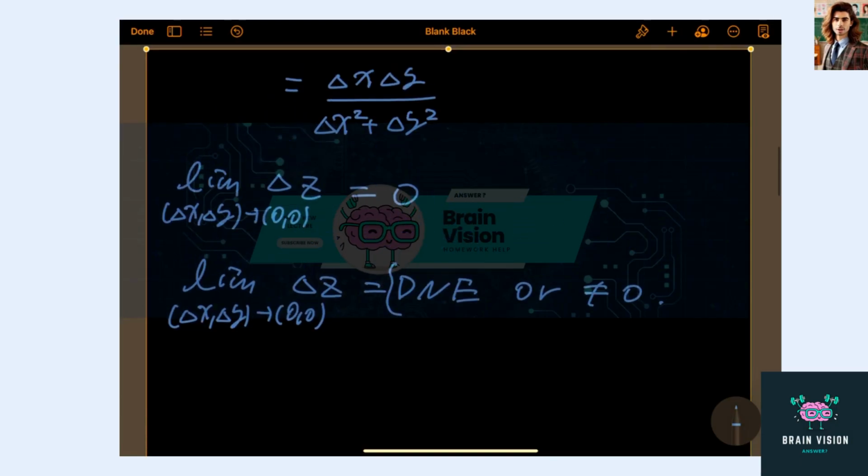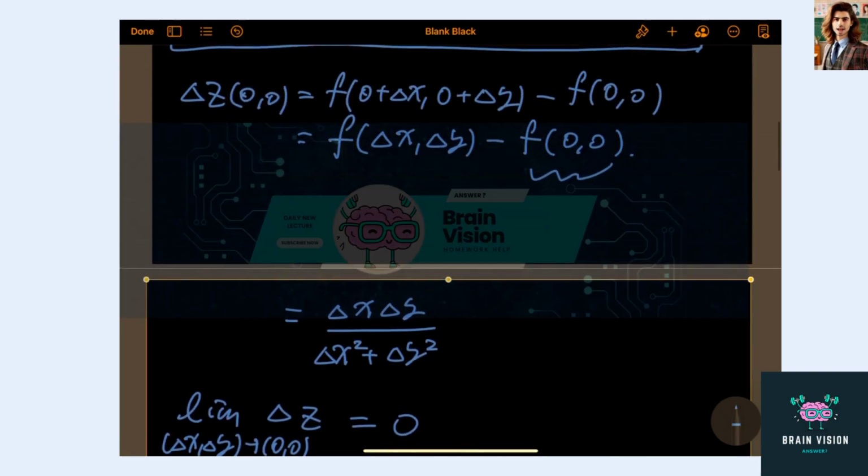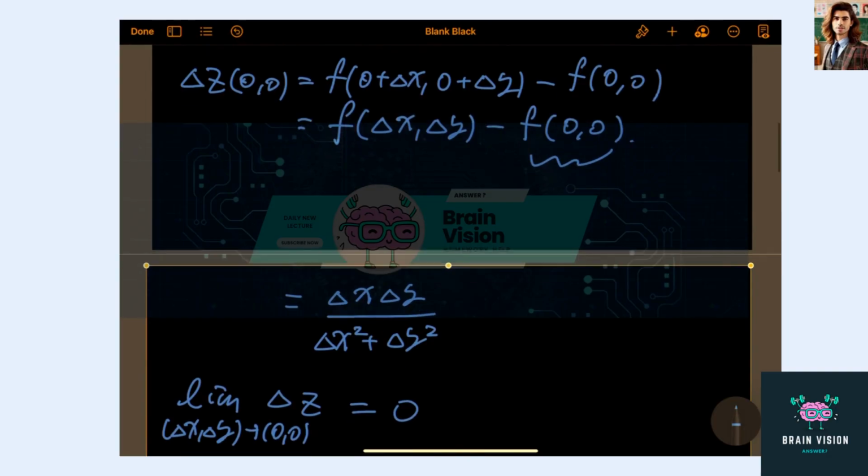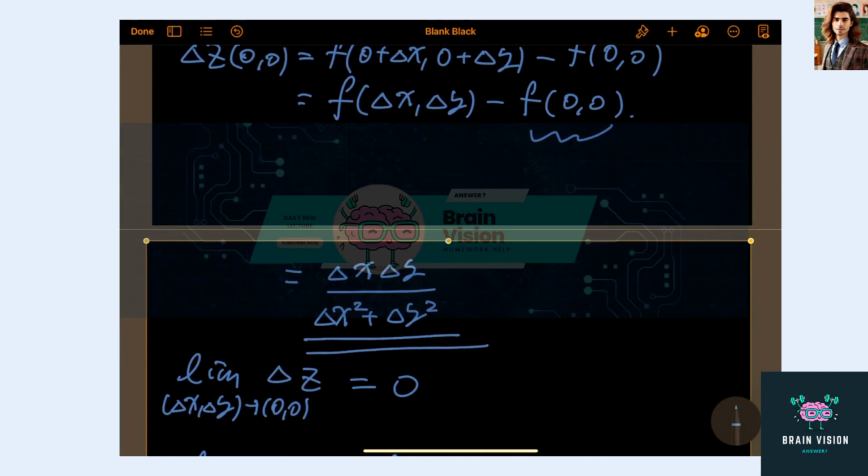And we found the explicit expression of delta z by substituting the delta x and delta y, and we found that to be this.